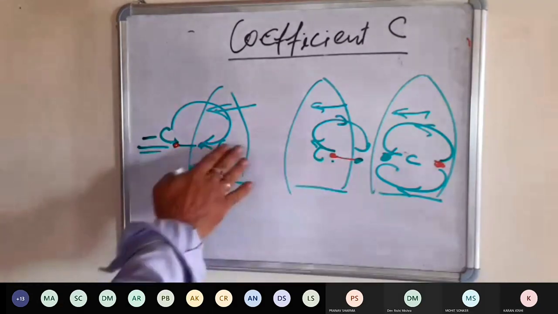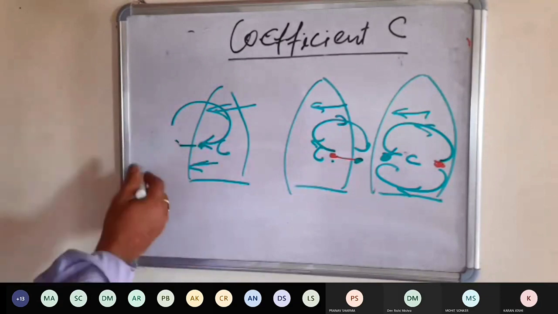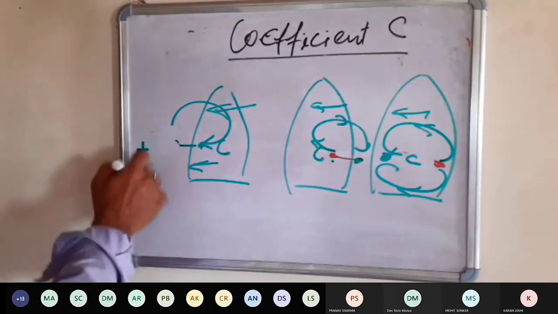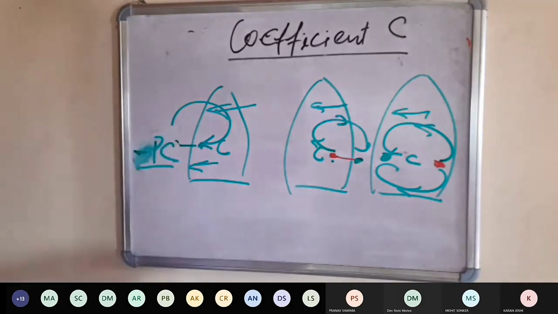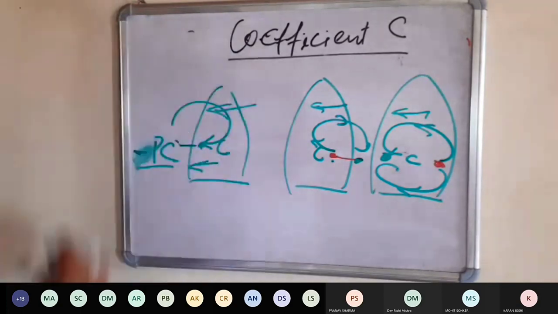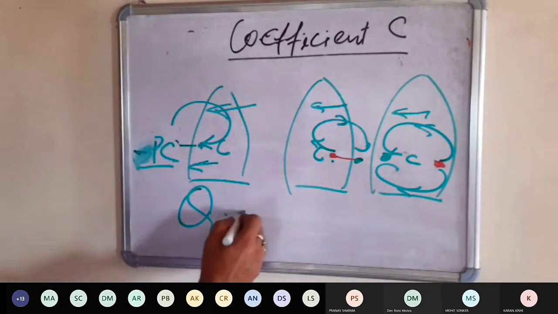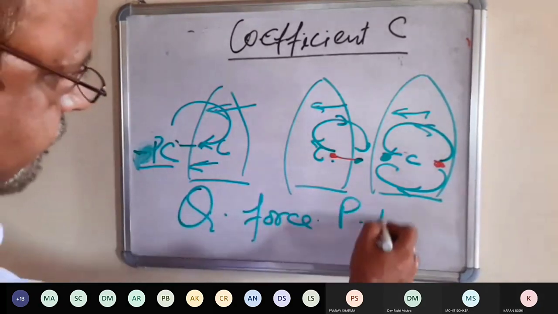Most likely this will be the condition when there is plus PC, basically this case minus PC and plus PC in the previous case. We are talking about the C force of the permanent magnet.